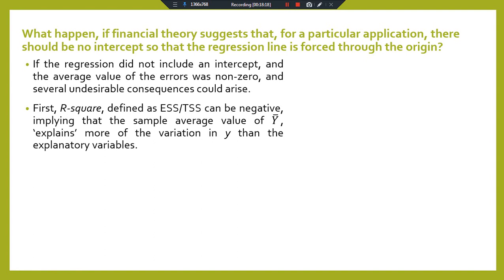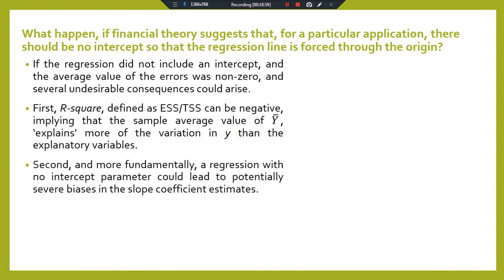This reveals that the average value of y itself explains most of the variation in the dependent variable rather than the explanatory variables. Normally we consider that the explanatory variables explain the variation, but if our error term is not equal to 0, then R square becomes negative, and we find that the mean value of the dependent variable explains much of the variation in the dependent variable.